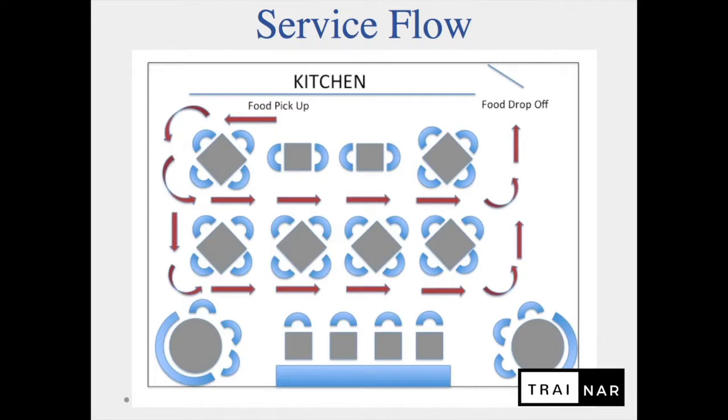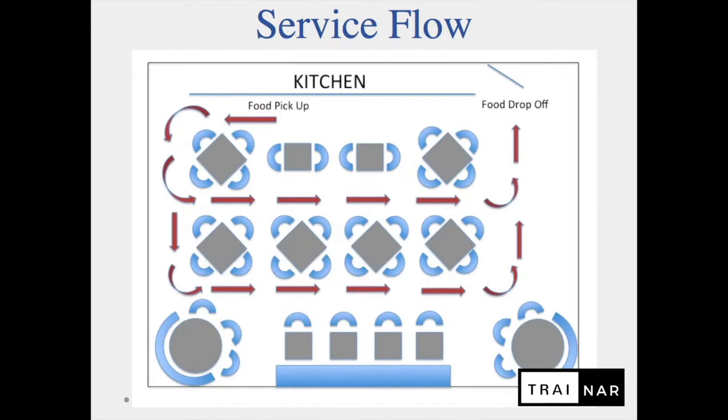That will prevent any bumps or, if you want to put it that way, traffic jams among your servers, and it also allows your guests to feel that the people are moving in one direction, which, believe it or not, gives them a sense of comfort, a sense of order and good organization.